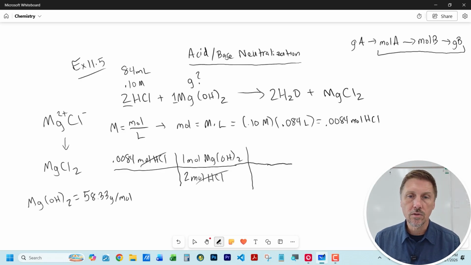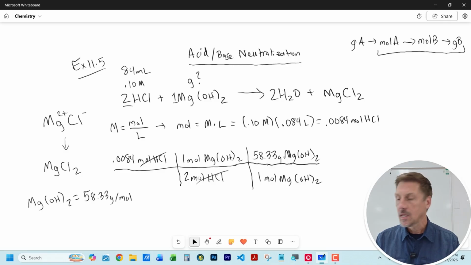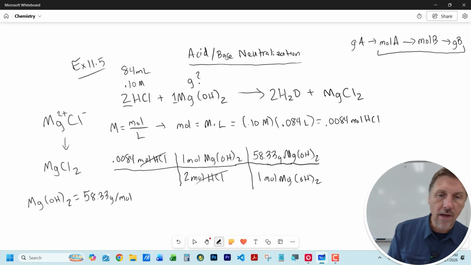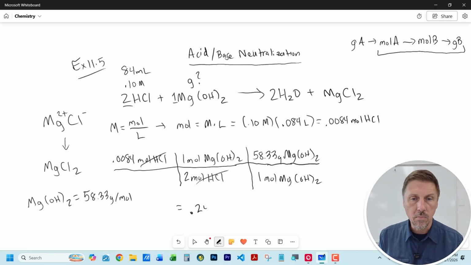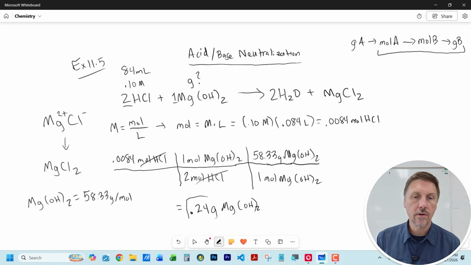So what we're going to do now is put 58.33 grams of MgOH2 on top, and on the bottom, we're going to put 1 mole of MgOH2. And so we plug all of that in our calculator and we get a final value. I'm going to write this down here just to make sure we've got room to see it. It's going to be 0.24 grams of MgOH2, like that. All right, so that's our answer.